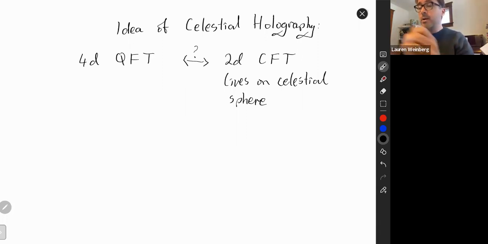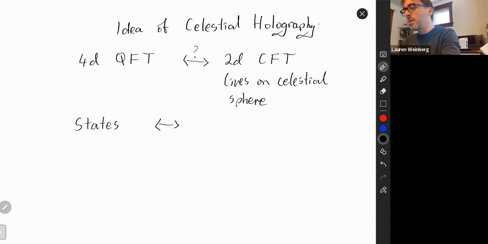The way this should work is that states, with some details to be said, should roughly correspond to conformal primaries, and amplitudes to correlators.